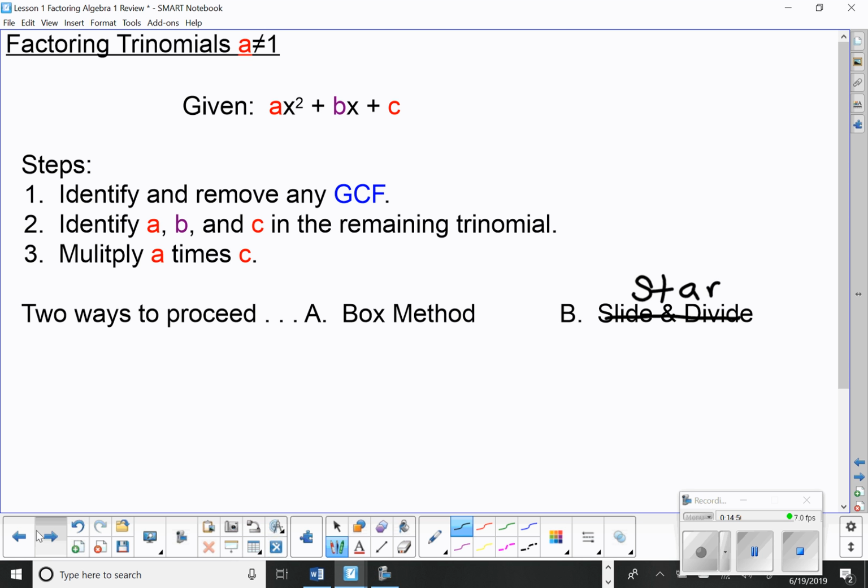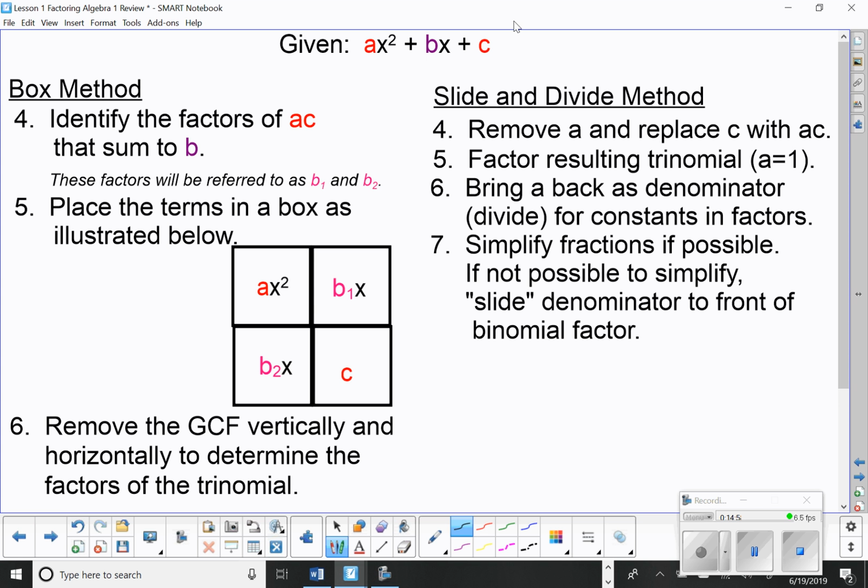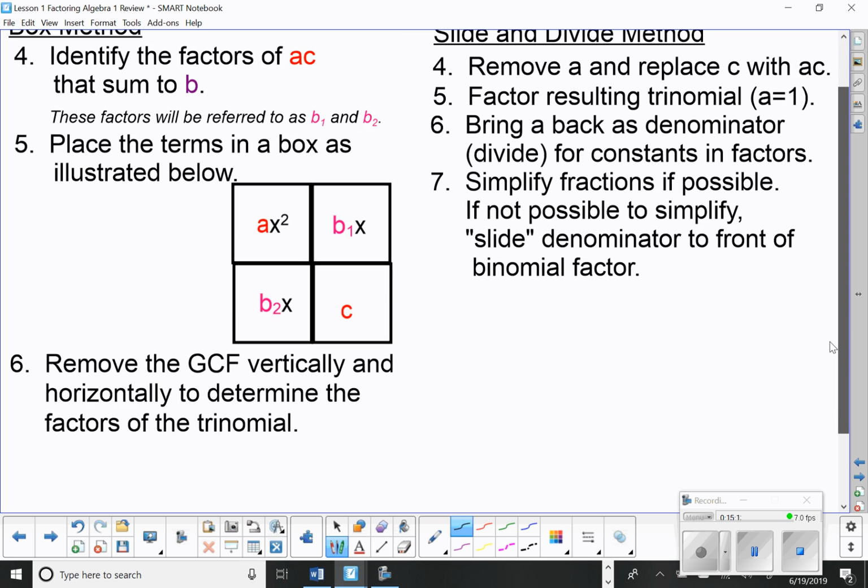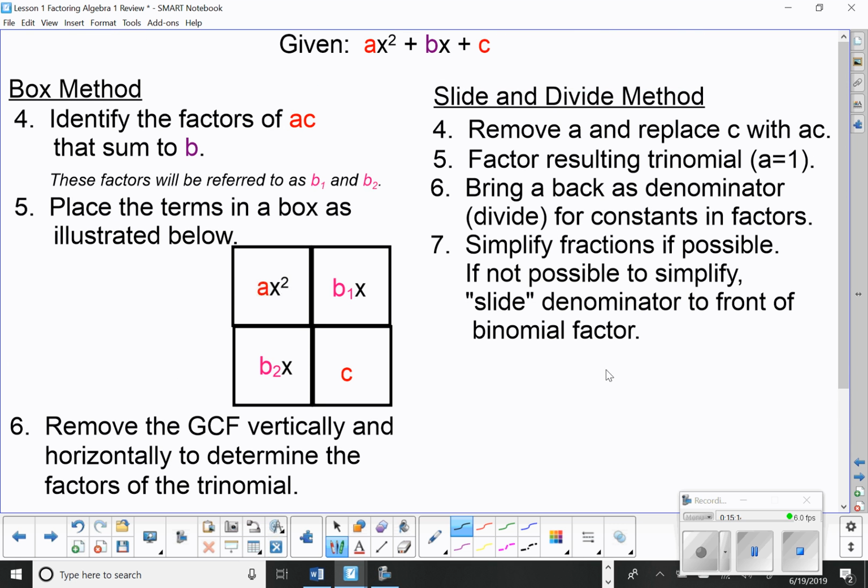So how do we do these? Well, I've got the box method, and I listed out slide and divide here because I know there are a number of Algebra 1 teachers who teach slide and divide. So the box method, slide and divide. They're listed here. You can pause the video, read them, go, oh yeah, I remember, or oh no, I don't.